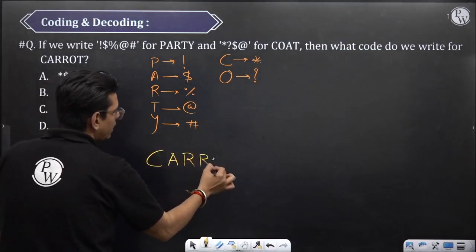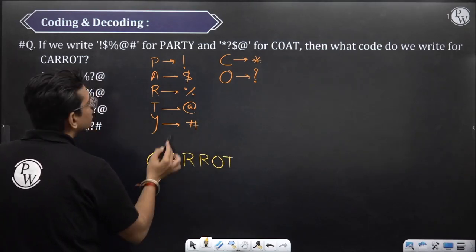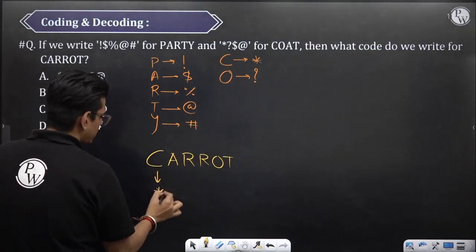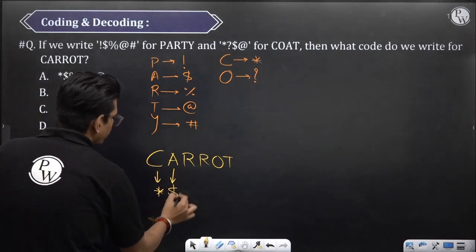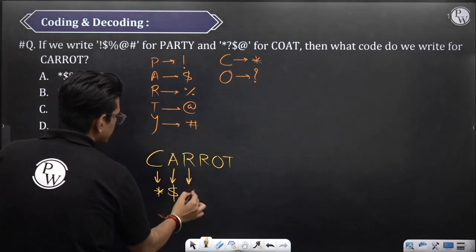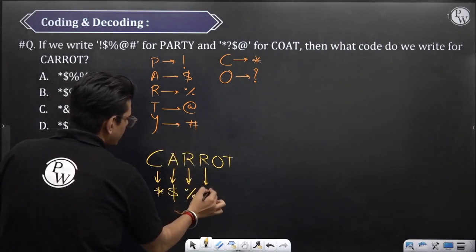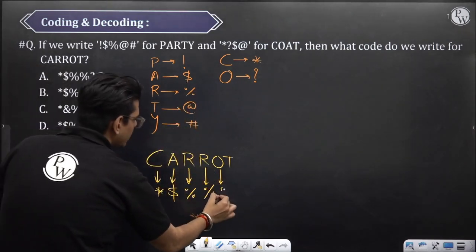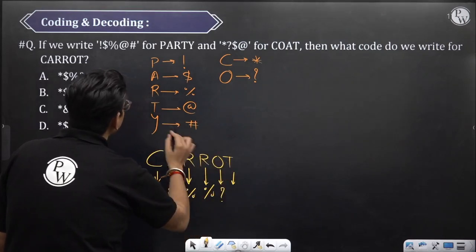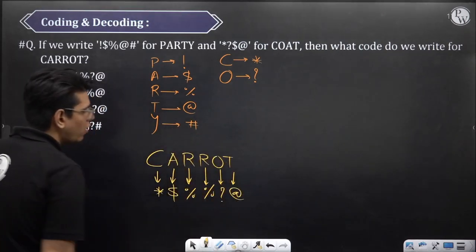Carrot. So from here, C is what? C is my star. Then A is dollar. Then R is nothing but percent, so double percent. O is question mark, and T is nothing but at the rate. Let's look at the options now.